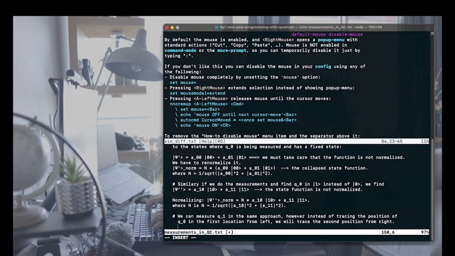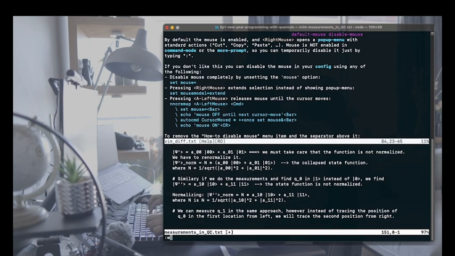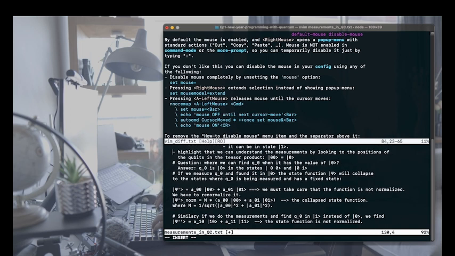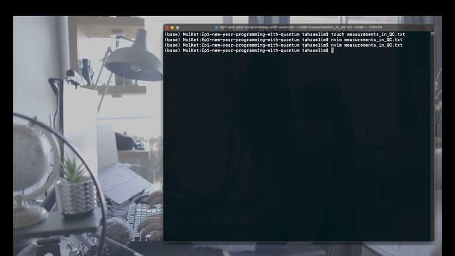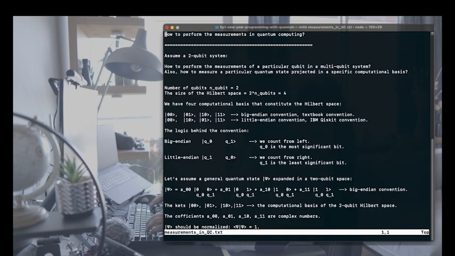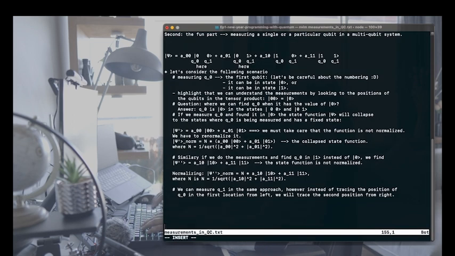However, instead of tracking the position of the first qubit Q0 to see where it is located, we will now trace the second qubit, which is Q1, from the right, and we will look at its own state, where it is of value 0 or state 0, and where it has a value 1.